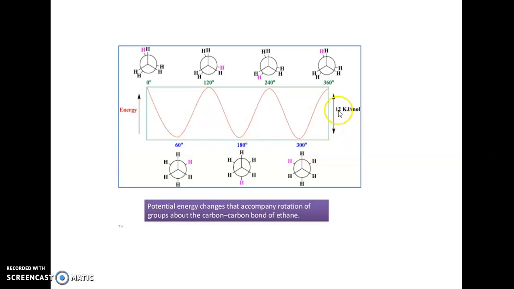This difference is usually about 12 kilojoules per mole. This is the potential energy change that occurs when one form is converted to another, or when there is rotation of groups about the carbon-carbon bond in ethane.